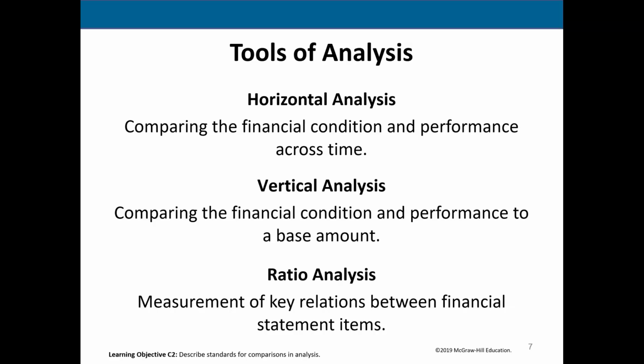So you're comparing the whole thing to one item. For example, with an income statement, everything is usually compared to the net income. What percentage of the net income is it? If you're looking at the balance sheet, it's usually total assets. What percent of assets is this item?